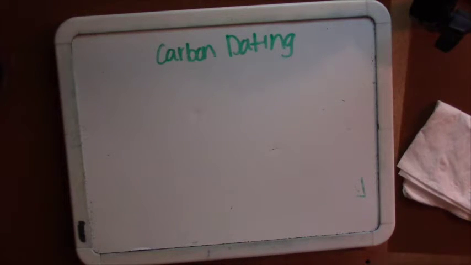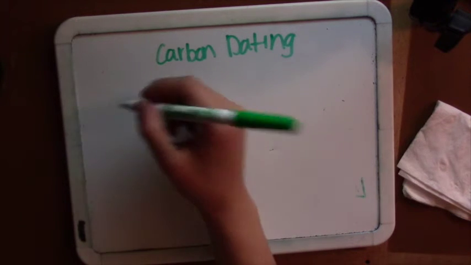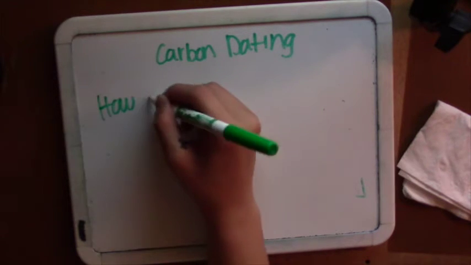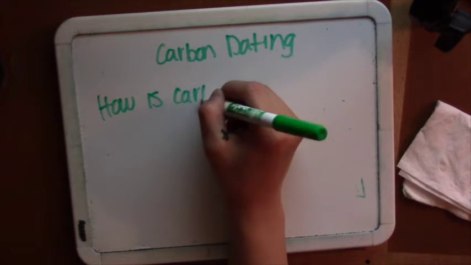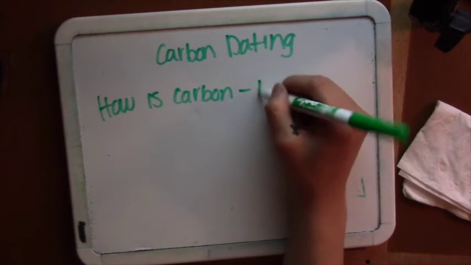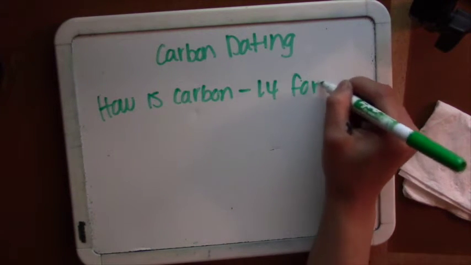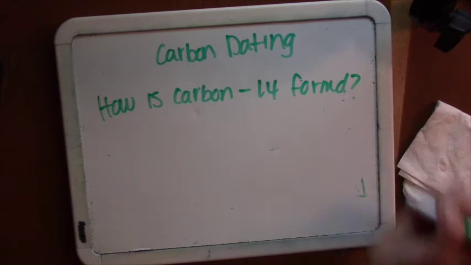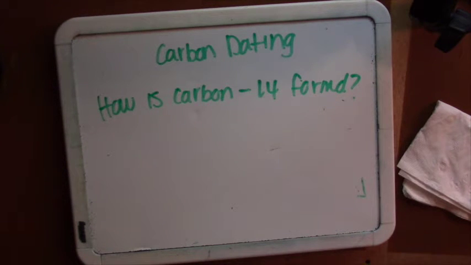So one question that's really important is, how is carbon-14 formed? It is formed in the upper atmosphere by cosmic rays acting on nitrogen at a constant rate.